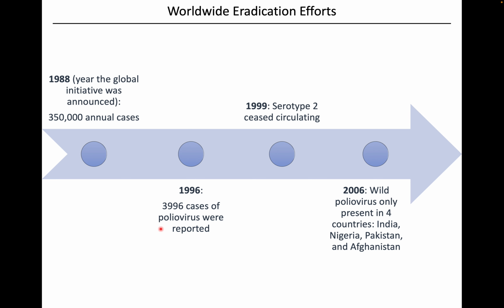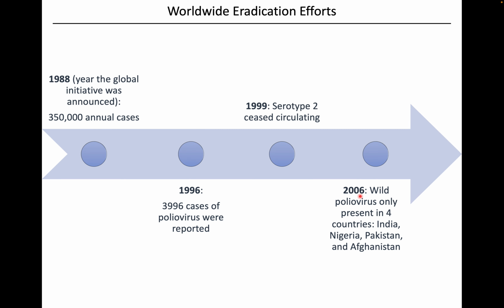And just a little timeline here, as I mentioned, late 80s was when this initiative was announced. At that time, there was about 350,000 cases of polio documented, at least worldwide. And then just less than 10 years later, we had dramatically reduced that number, so we're under 4,000 cases reported. By 99, at least one of the 3 serotypes was no longer in circulation.